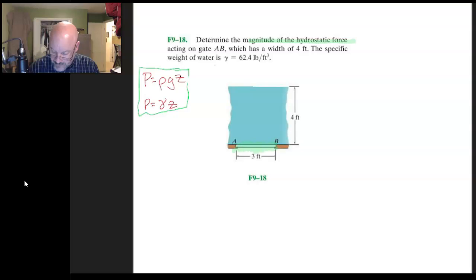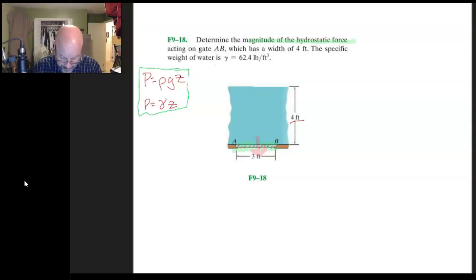And so we're going to be interested in the total amount of force headed downward on this thing. So we have a couple of ways to do this. I'm going to show you both because it's instructive to see both ways. The first way we're going to do it is just to straight up use the pressure. The pressure depends on our depth, and our gate here is all at the same depth of 4 feet.